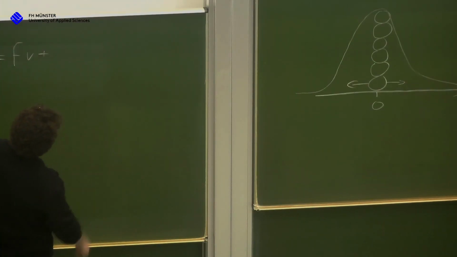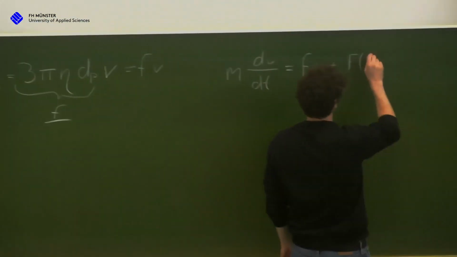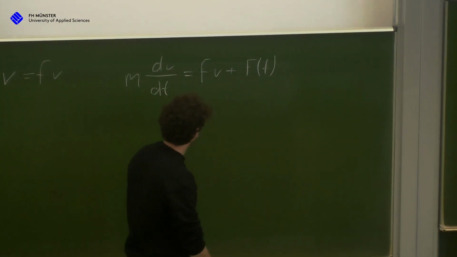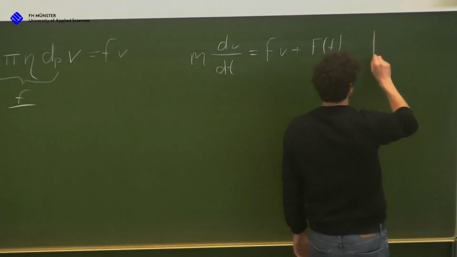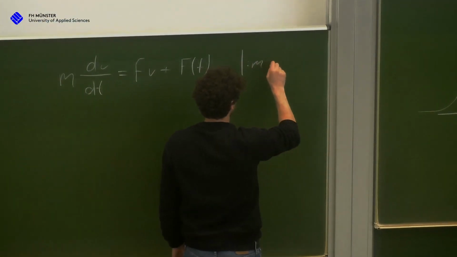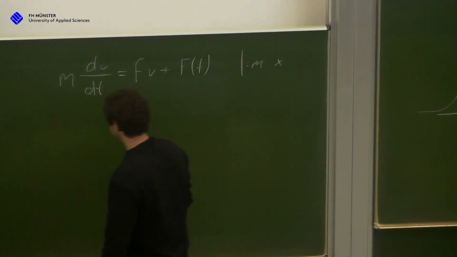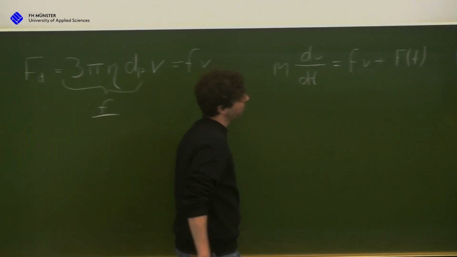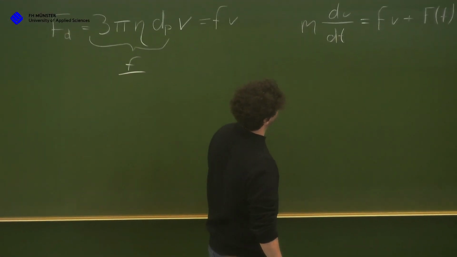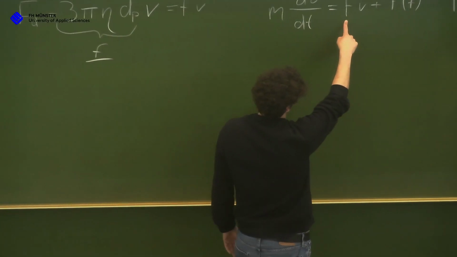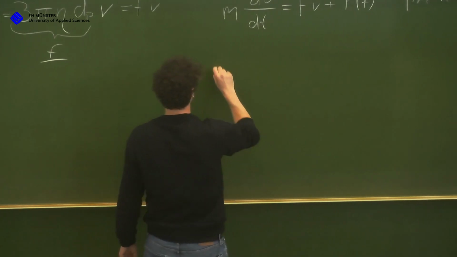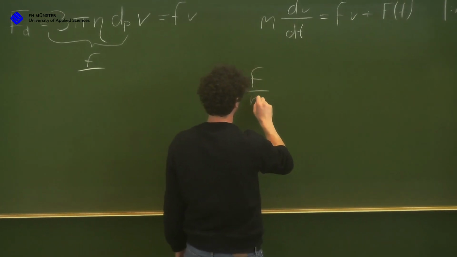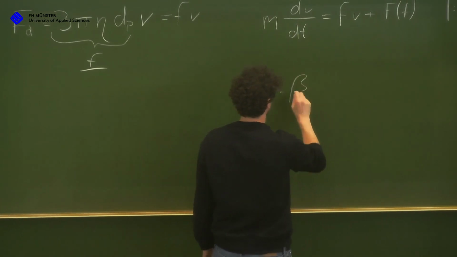And then we have these fluctuating collisions, F(t). And what he's doing is dividing by m, multiplying by x. And then this equation is somehow rearranged. And then we have here this, which is what we call beta.